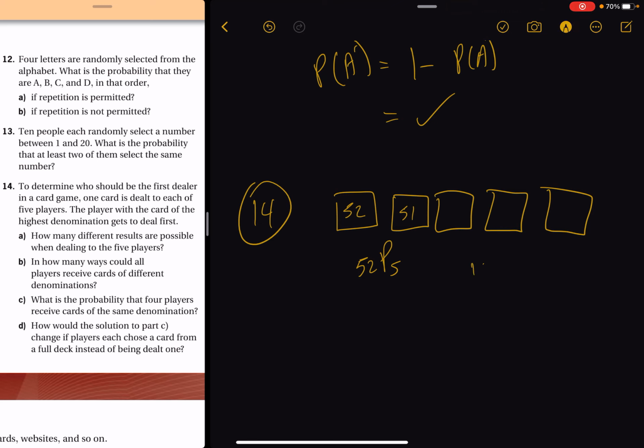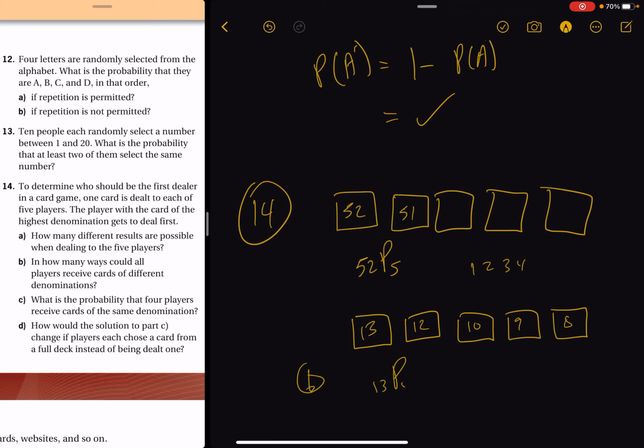They're talking about 1, 2, 3, 4. So that's funny. In how many ways? Okay, so essentially, you have 5 players. You want them to be different denominations. So the first one has 13, 12, 11, 10, and 9, which is essentially, this is B, 13 choose 5.